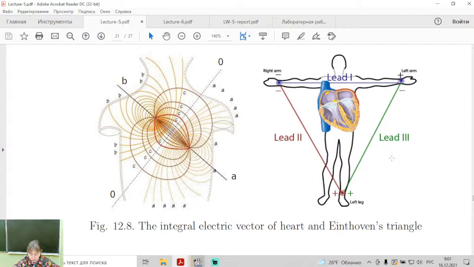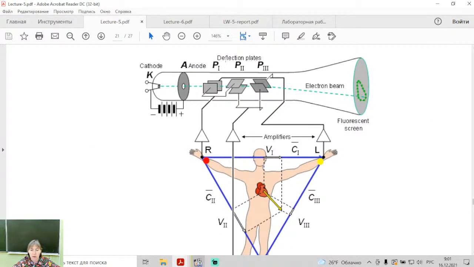Second, P is in a homogeneous isotropic conducting medium, that is, the tissue of the organism. And third, P permanently changes its direction and value. Look here.